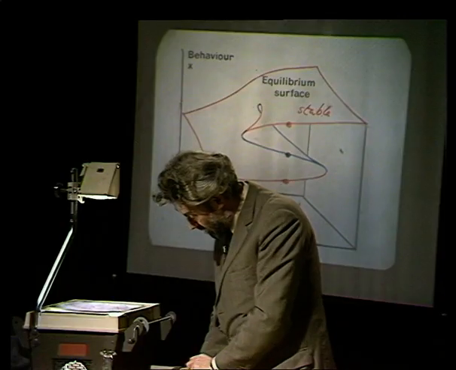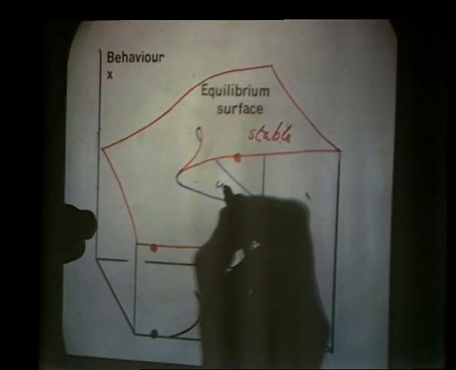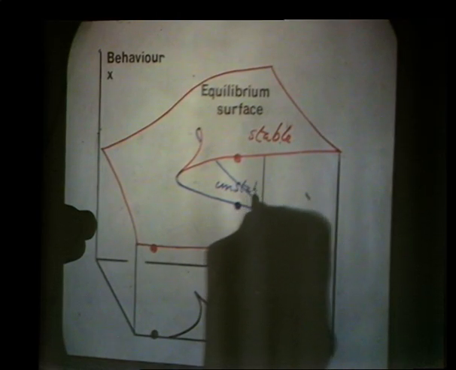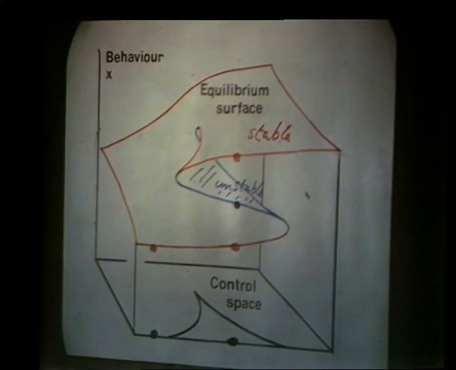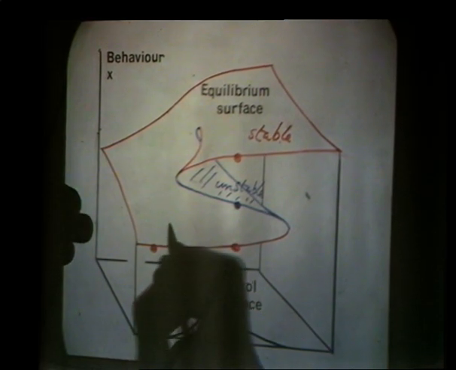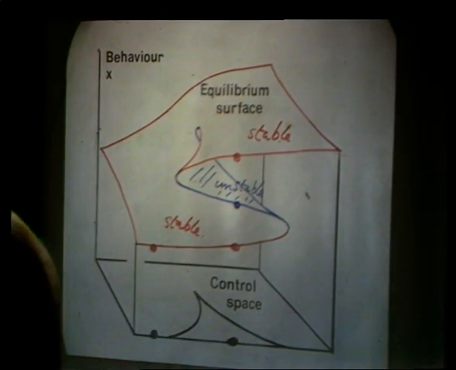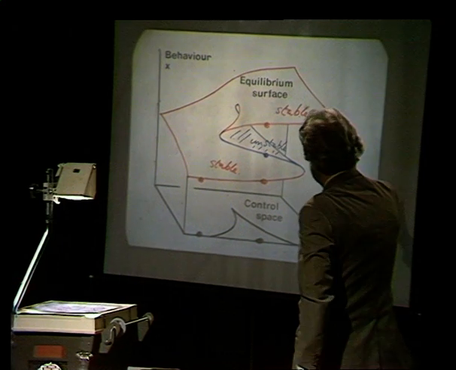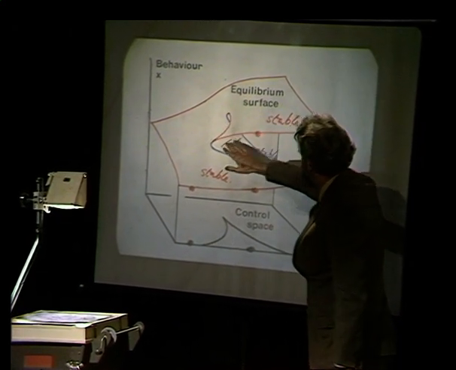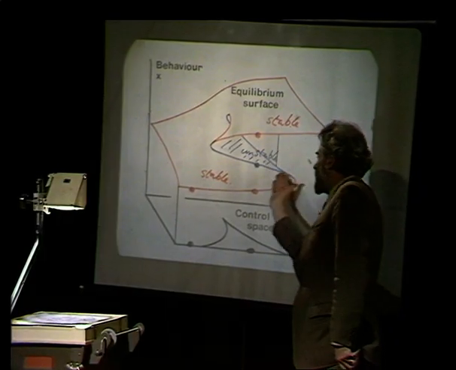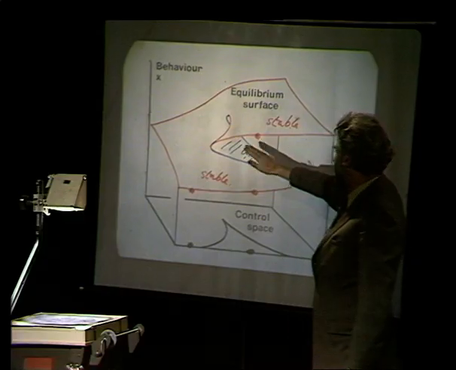And where that blue spot was has now become a whole surface of unstable equilibria, all under there. And where these two red spots were has become another sheet of stable equilibria. And so what we've got is a surface which is red and folds round to blue and folds round to red again. At the back, it's just continuous red, but at the front, it develops a sort of pleat.